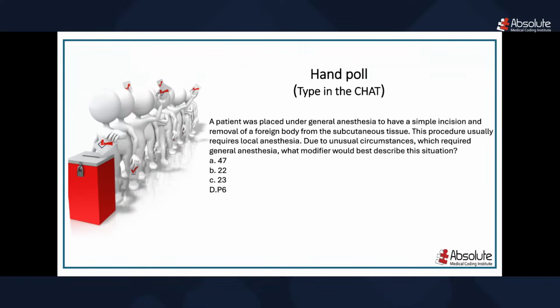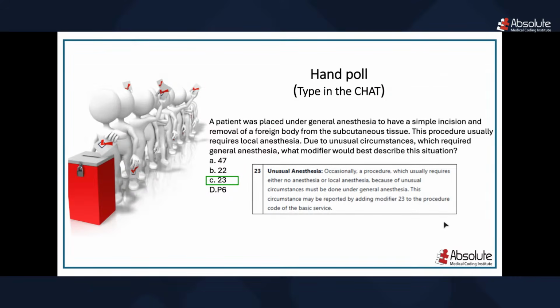Okay, good. Come on, coders. This is a rapid fire scenario. All these guidelines we reviewed just before. And the correct answer is, yes, unusual circumstances. You use the 23 modifier.